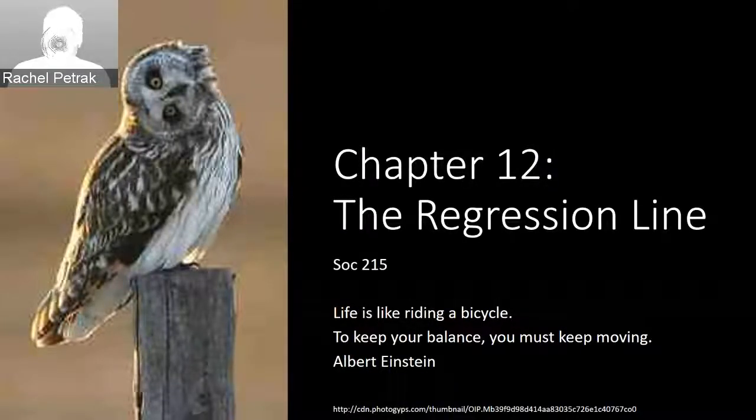One more bit of regression left. Well, let's do a little overview of the regression line.